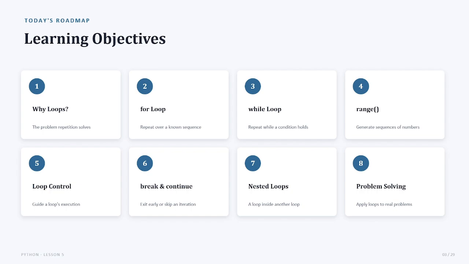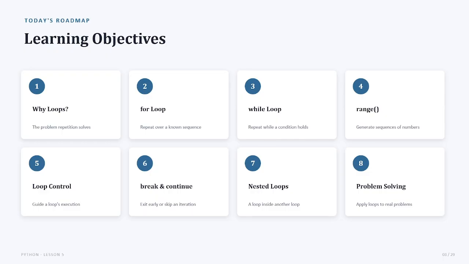So these are some learning objectives of today's class. By the end of today's lesson, you should be able to understand what loops are and why programmers use them. We will start with the for loop. Then we will learn the range function. We will understand how to count forward and backward. We will learn how to loop through strings and lists.